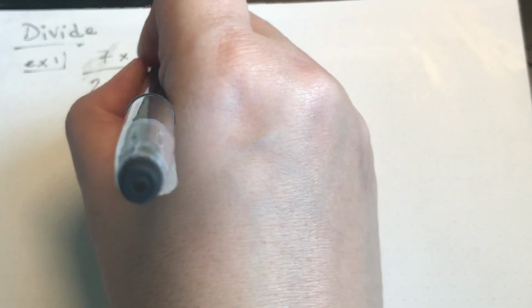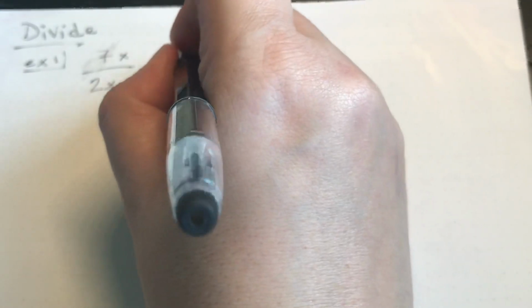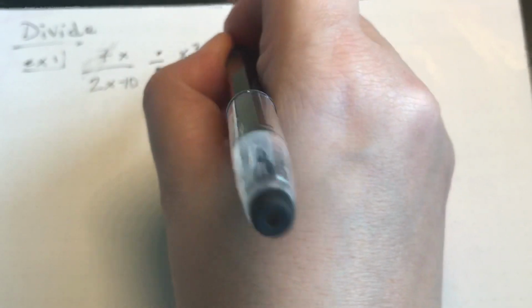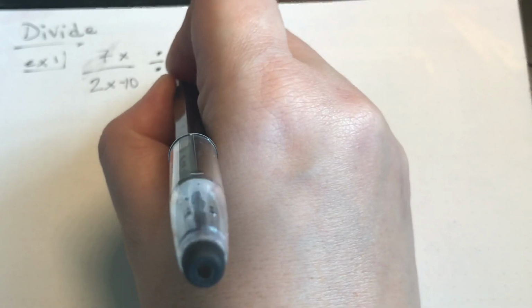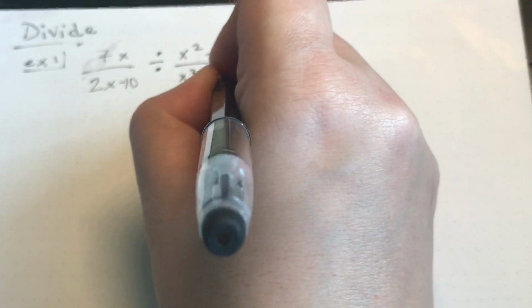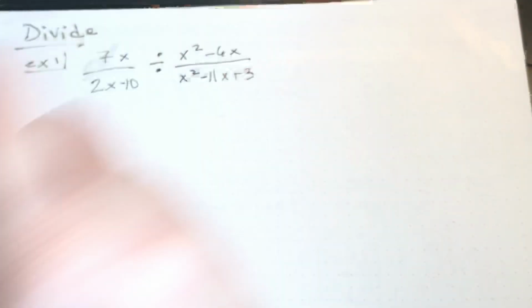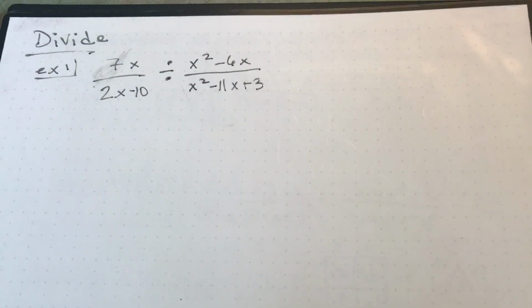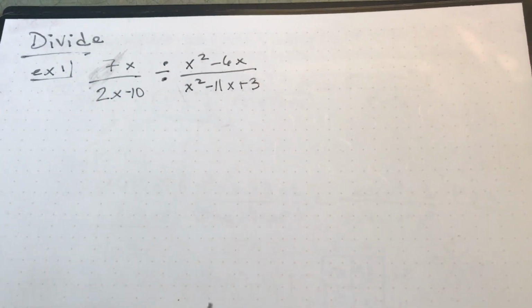Sorry about that. Okay, so 7x divided by 2x minus 10 divided by x squared minus 6x, all divided by x squared minus 11x plus 30. Okay, so there's our problem.